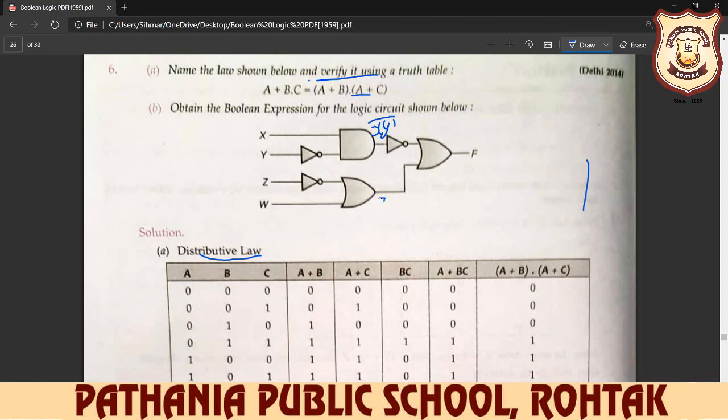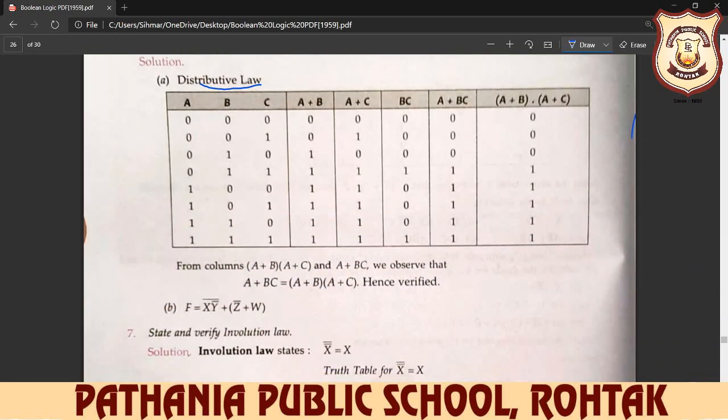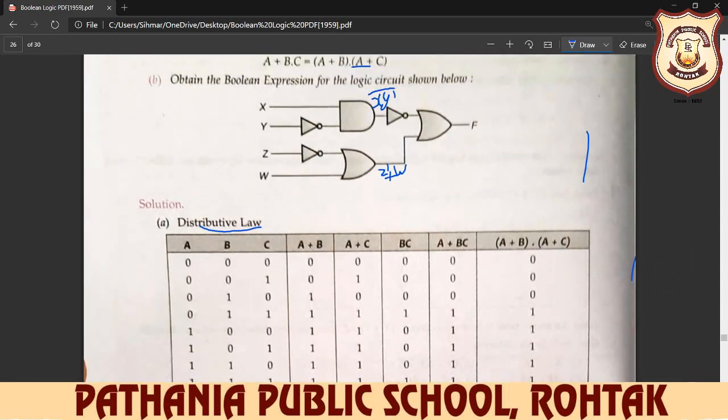Here you find out Z complement plus W, so this is your Z complement plus W. After that you draw the plus symbol and you draw the OR gate.